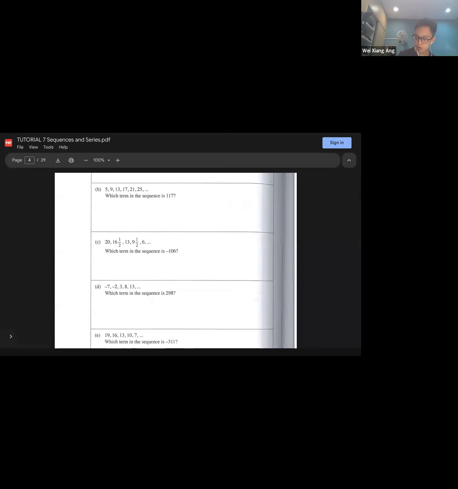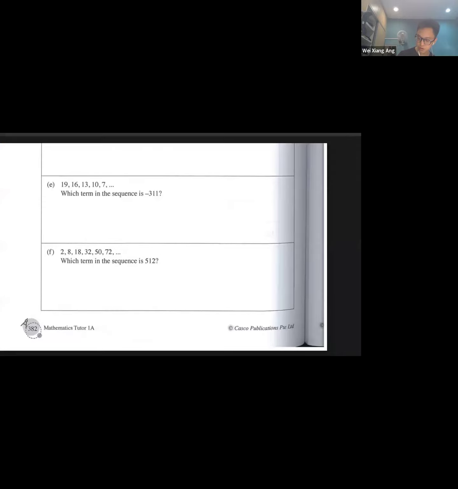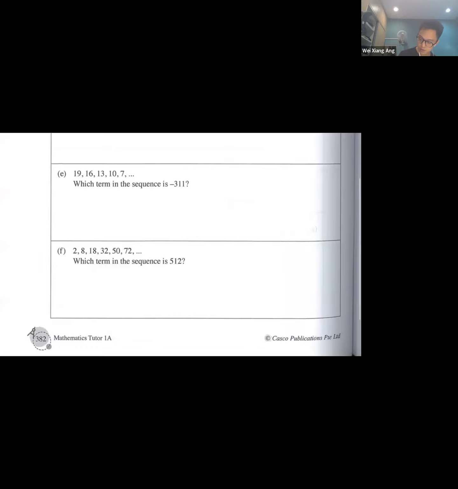Okay, so you know that this is quadratic, meaning you have something squared. Then a very quick observation is if you divide all these numbers by 2, you'll get 1, 4, 9, 16, 25, 36. God gave such nice numbers.